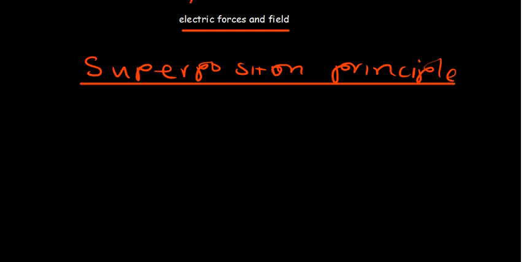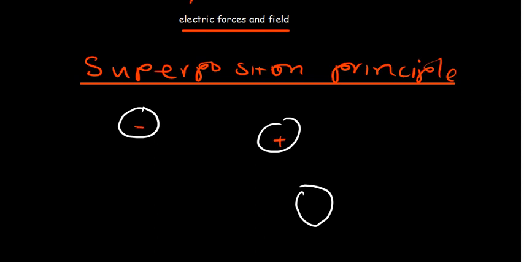Let's say we have this, we have that, and we have that. My drawings are not accurate, so what do we say about that? Let's say this is negative, this is negative, this is positive, and this is negative.